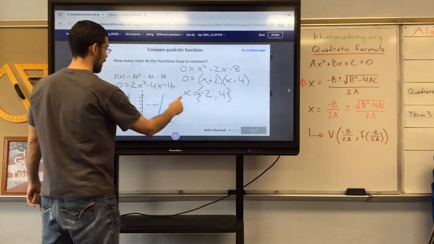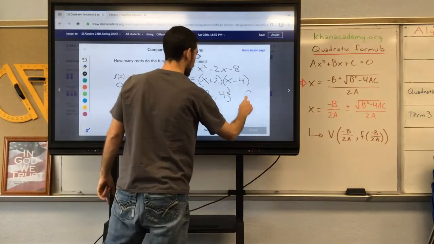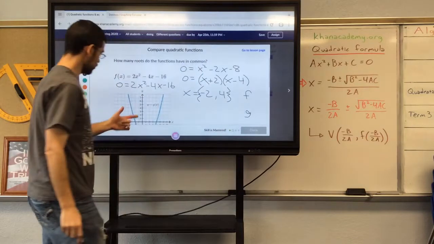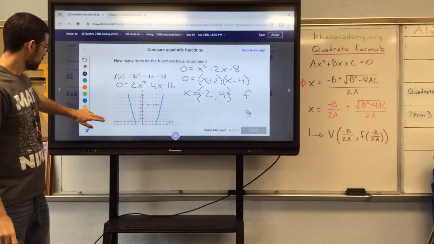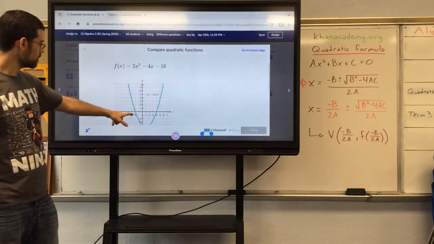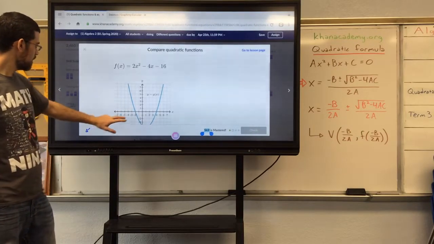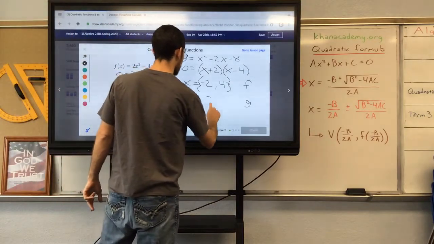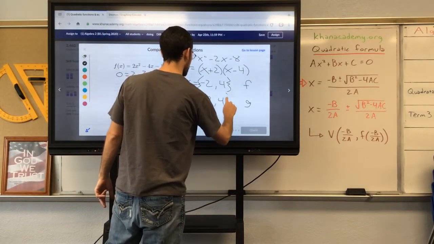That's for function f. Okay, so this is for f. For g, we just have to look at the graph. G crosses the x-axis at negative 2 and at 4. Negative 2 and 4.